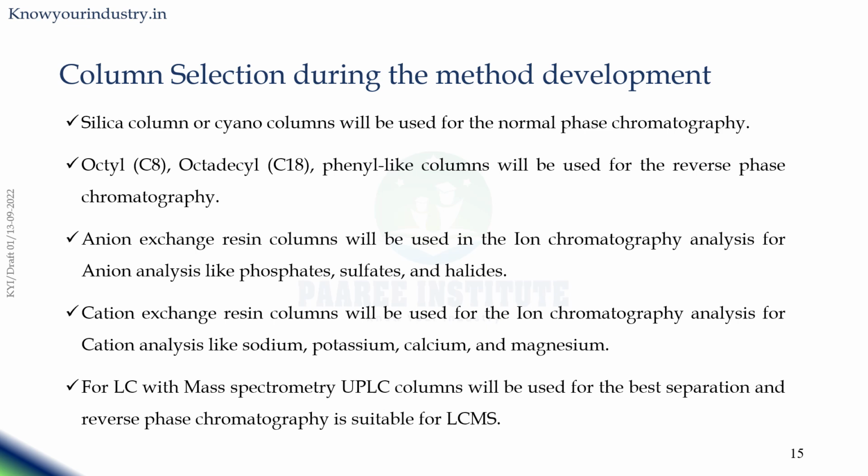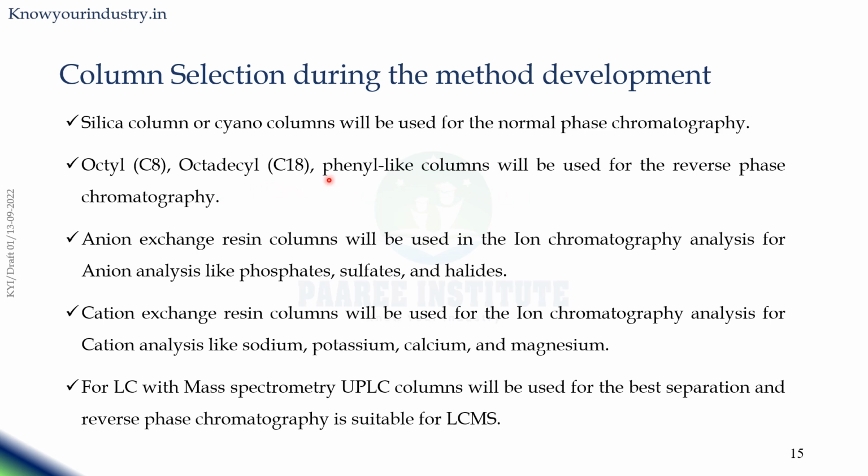What kind of columns can be used for different kinds of liquid chromatographic techniques? Silica columns or cyano columns can be used for normal phase chromatography. In case of reverse phase chromatography, you can use octyl C8 columns, octadecyl C18 columns, and phenyl-like columns.